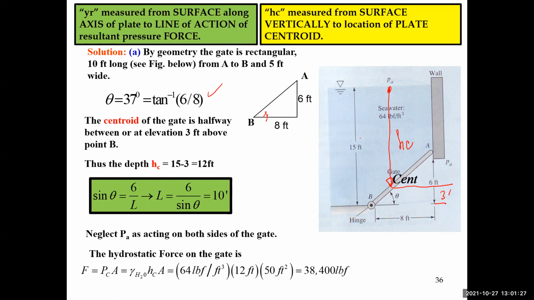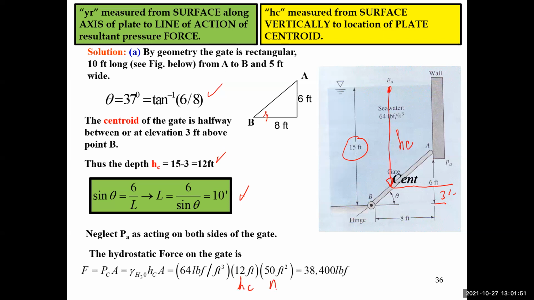If the total distance is 15 feet and H of C is halfway from the bottom, at 3 feet, I know then that the value of H of C is equal to 12 feet. And once again, we found the length of the gate. So I know the value of H of C is equal to 12 feet.